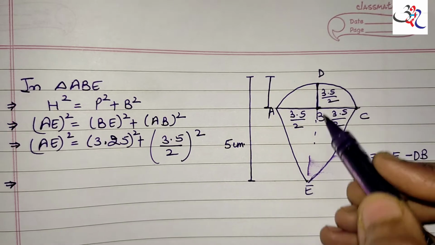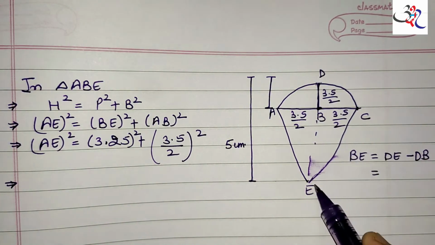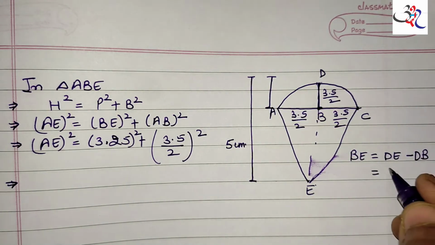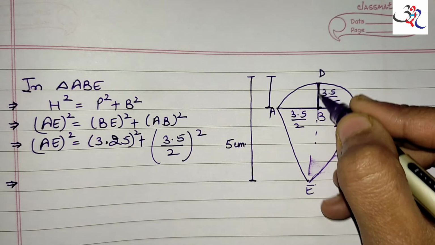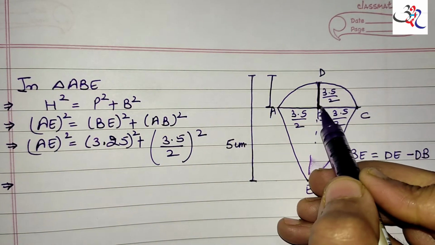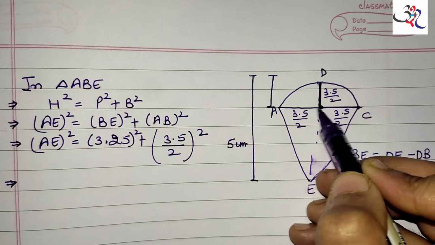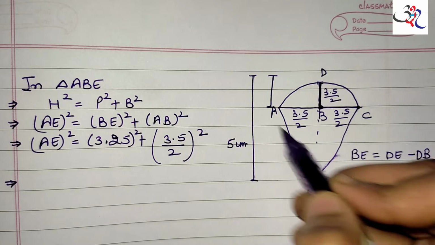So DE is this complete height. You can see from the figure, DE is this complete height, which is equal to 5 minus DB. DB is the radius of the hemisphere. Okay, B is the center point. So BC, BA or BD all are the radius of this hemisphere.